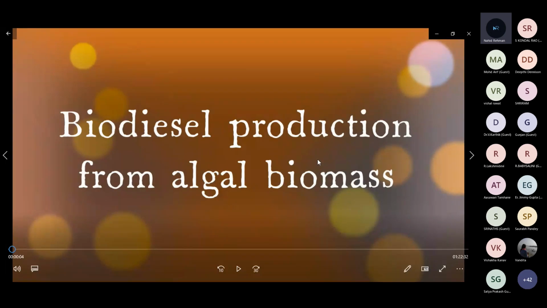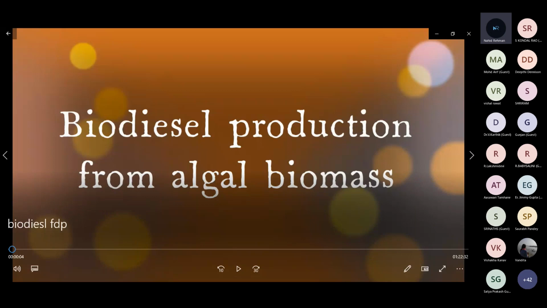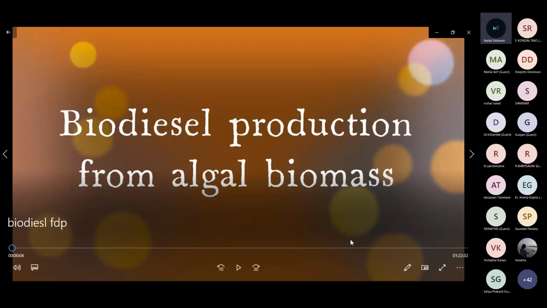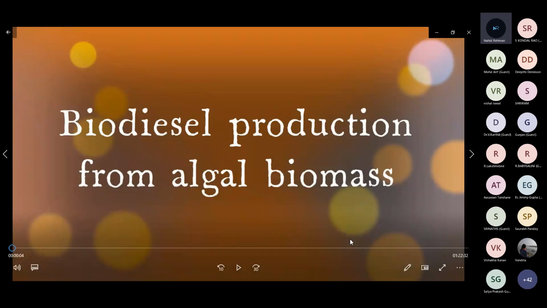So for that, the first step is the harvesting of those algal cultures and then drying it, followed by the extraction of the oil. After these oils are extracted, the residues can be hydrolyzed to liberate the monosaccharides, and those can be used for conversion to bioethanol or biohydrogen or biomethane for commercial use.